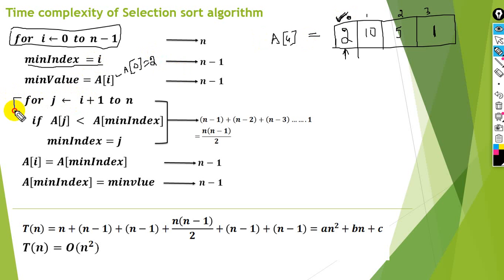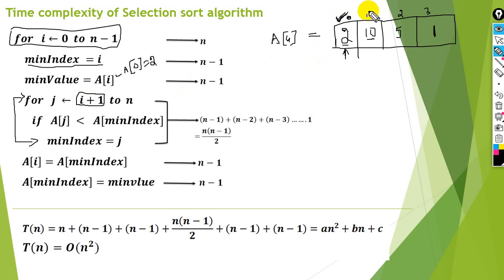Now what is this loop, which starts from here up to here? The job of this loop is comparison. For example, if this value is smaller, then the minimum index becomes that index; otherwise it does not. Here we have for j equal to i plus 1. j is equal to i plus 1, where i is index 0, so 0 plus 1 is equal to 1.